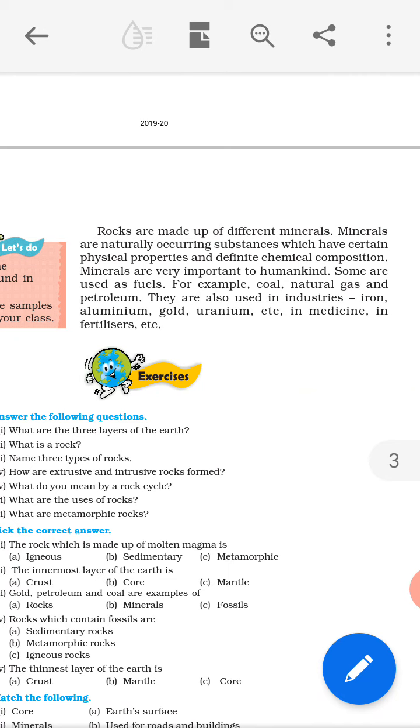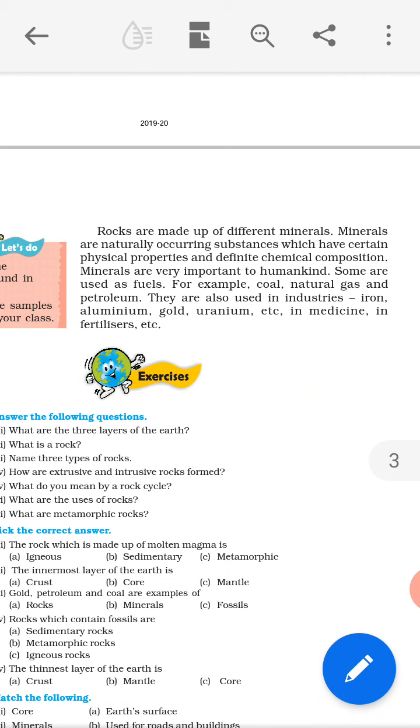Minerals are naturally available in nature, and they have certain physical properties. So minerals have physical properties as well as a definite chemical composition.